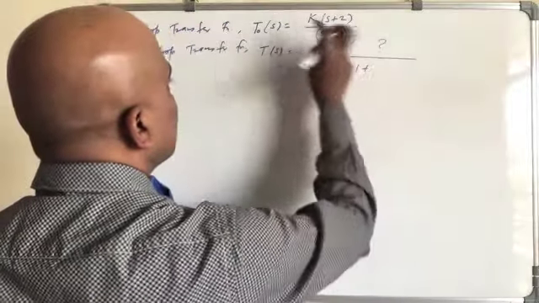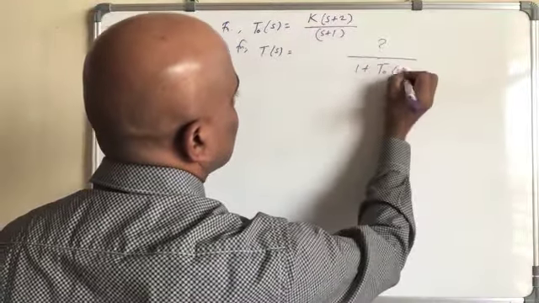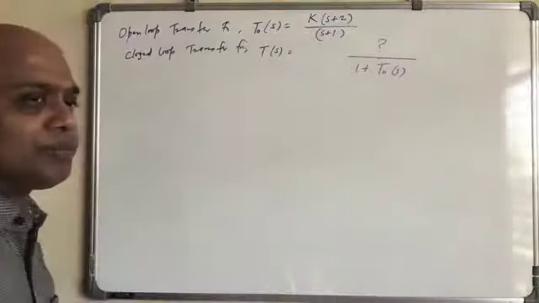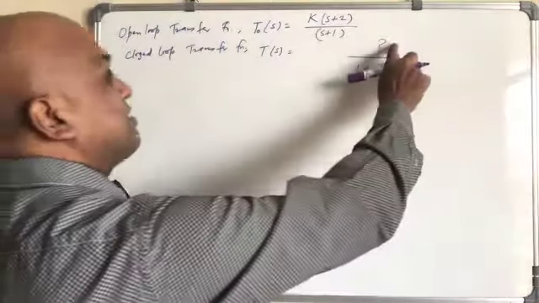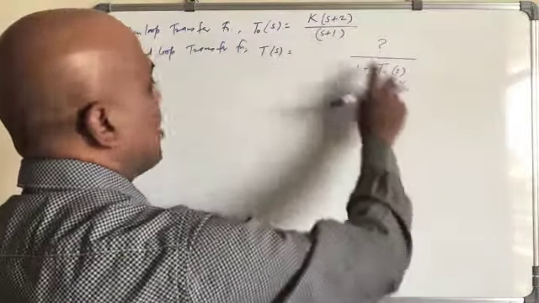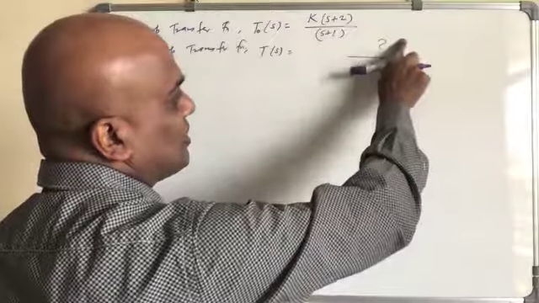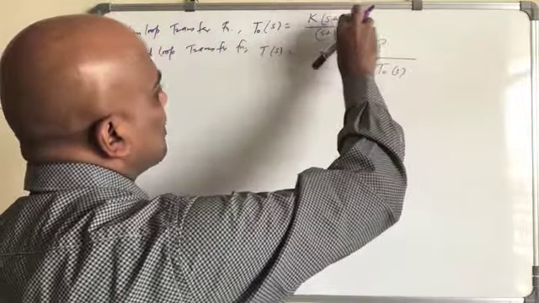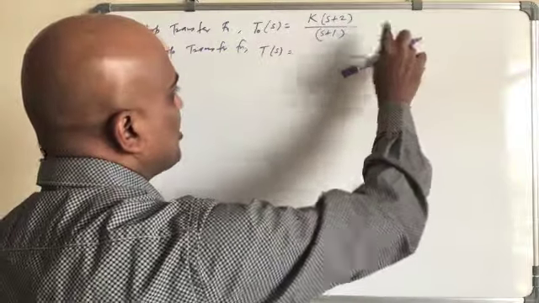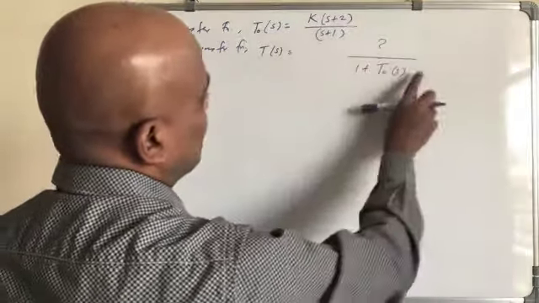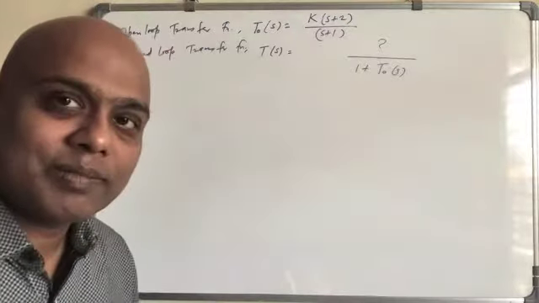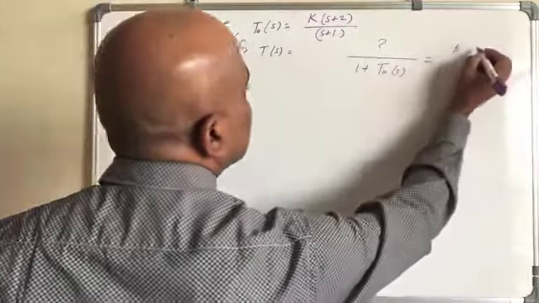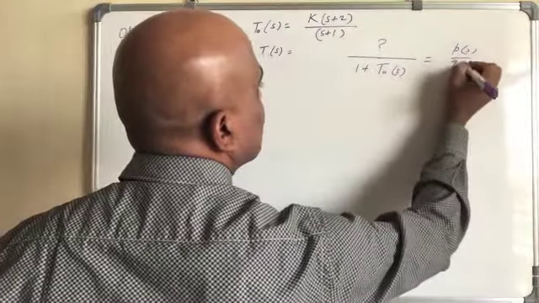What we know here is T naught s will be there. This is for the feed forward transfer function divided by 1 over the open loop transfer function. Here we don't know what the feed forward transfer function is. It could be this divided by something. But the closed loop transfer function will look like this, and hence the characteristic equation, this will be Ps over Qs.